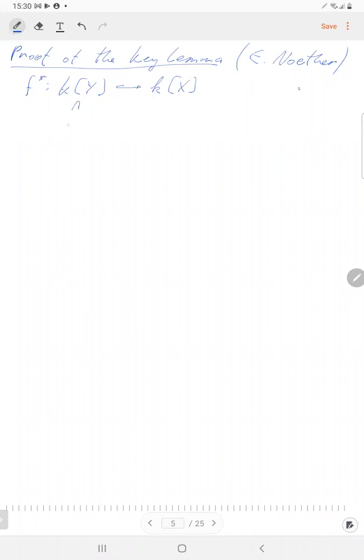So this embeds into the field of rational functions on Y, and here it embeds into the extension of scalars.